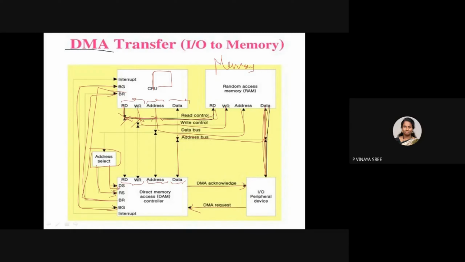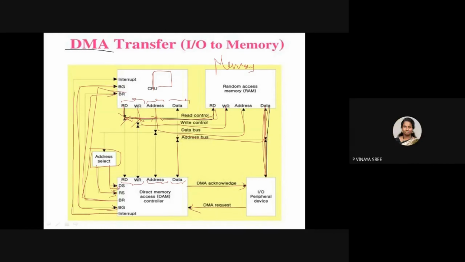After completion of the data transfer, the DMA has to inform the processor. How can a processor know the data transfer has been completed by the DMA? With the help of an interrupt.